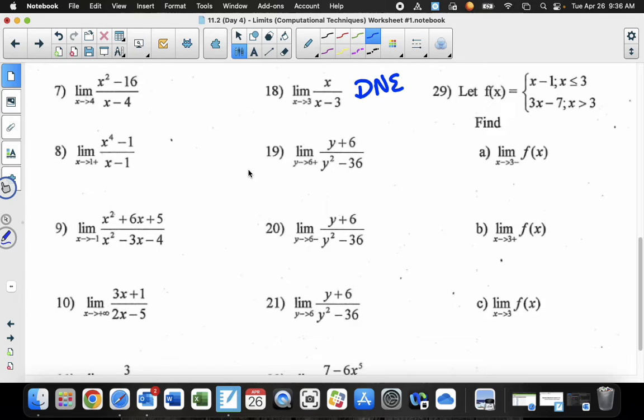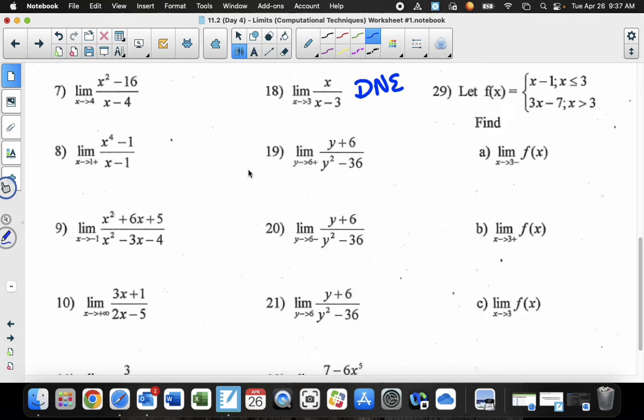Now, you could graph this, but you don't always need to. And that's why I'm going over this, is how do you know if you're supposed to graph it or not? Well, look at the limit that we're finding. You're finding the limit as you're approaching 3 from the left, 3 from the right, and then overall. Well, that's where you're switching graphs. If you're approaching 3 from the left, aren't we just using the top equation?